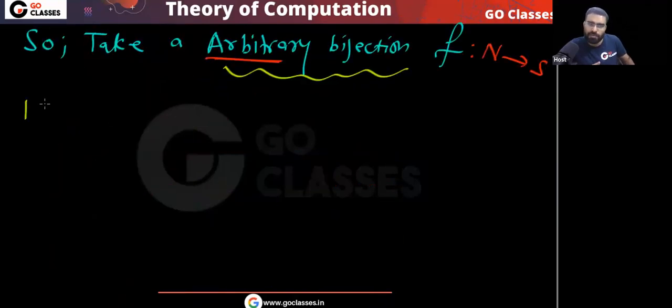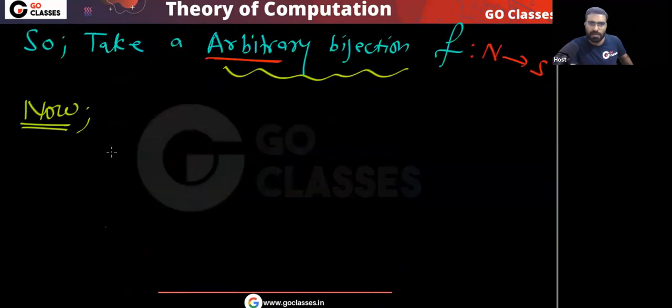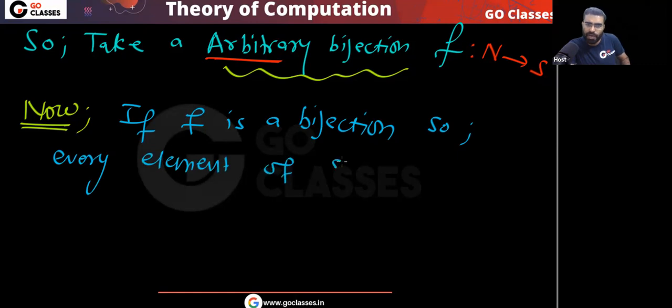Now after that, what will we do? Tell me. If F is a bijection, should it cover every element of S? If F is a bijection, it should be a surjection also. So every element of S must have a pre-image.